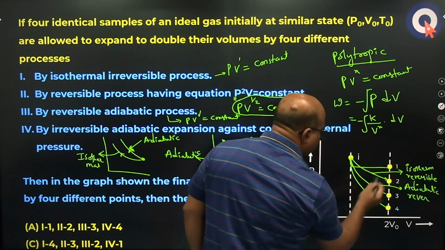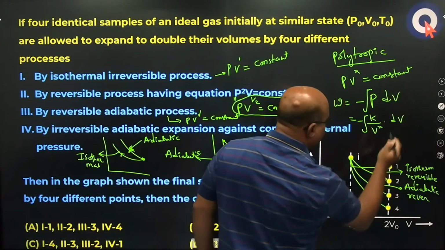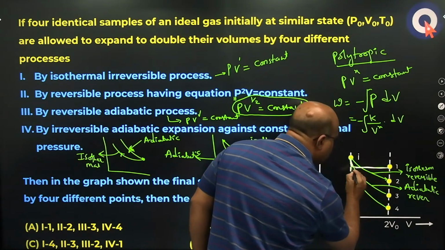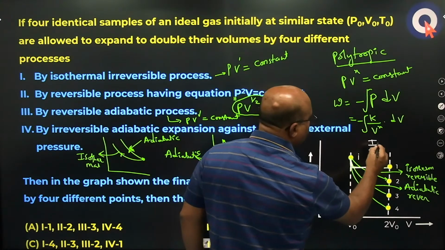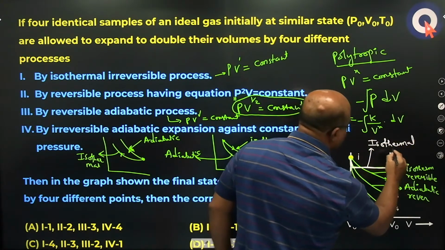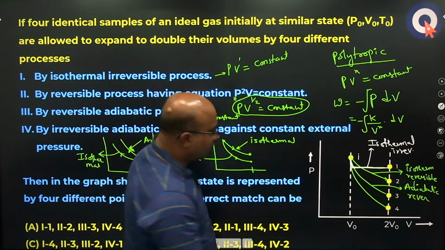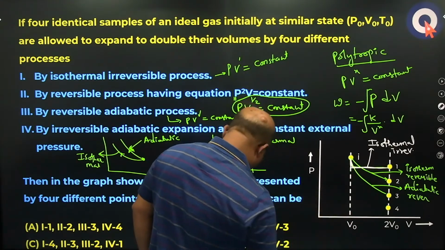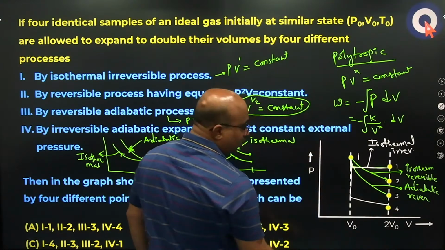This is like isothermal. So if you try to see in this, this is isothermal irreversible. And this has to be, a sudden drop will be there here also. It's like adiabatic irreversible.